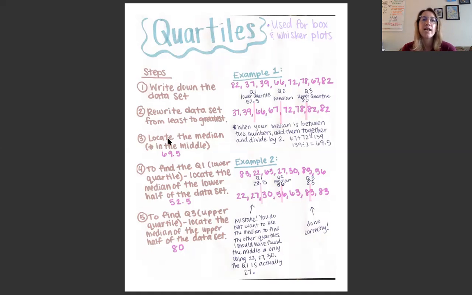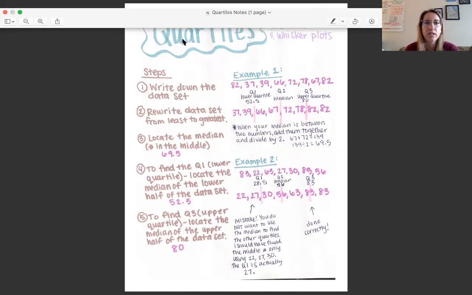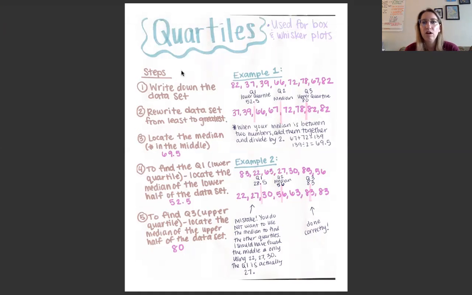Okay? Now, step number 3 is to locate the median. Remember, that's the number in the middle, okay? So like we did last time, I'm going to get this annotation out. You cross out the outsides, then the next outsides, then the next one, then the next one.